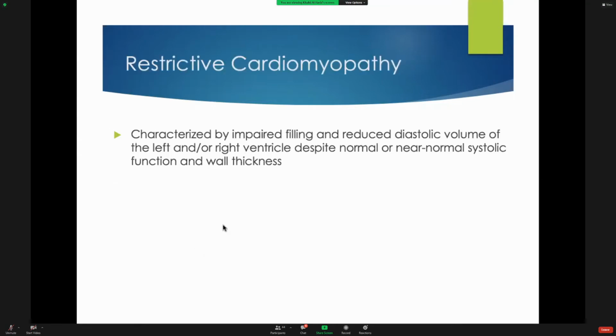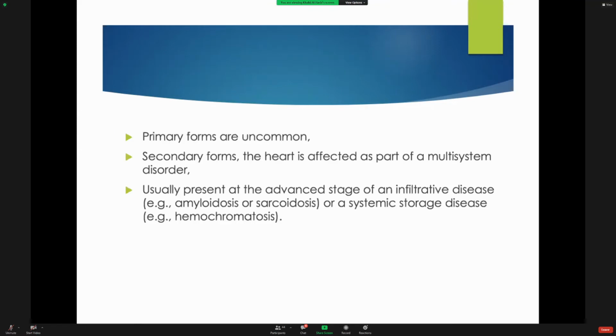Restrictive cardiomyopathy, as I mentioned, has no dilatation in the LV and no thickening of the left ventricular muscle, but there is impaired filling and reduced diastolic volume due to stiffness of the muscle. There is a primary form, which is unknown, and there are secondary causes, which I will come to now.